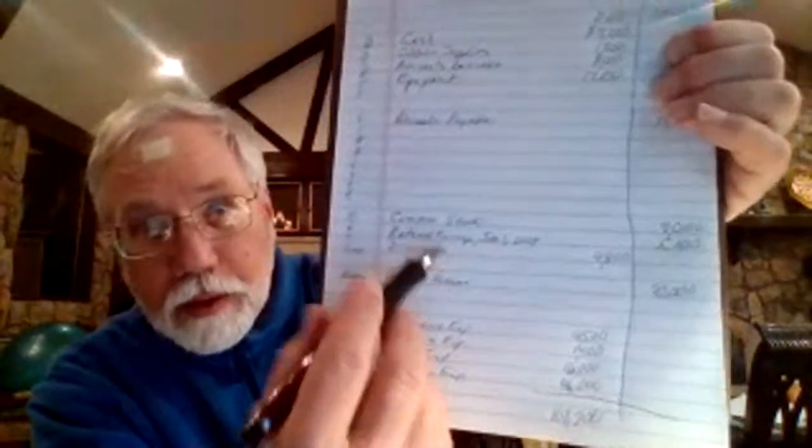I drew a line to help me separate the debits and credits, added all the debits up, and I got 101,700 down the bottom there. Now I'm going to do the same with the credit column. 17,600 plus 9,000 plus 5,100 plus 70,000.